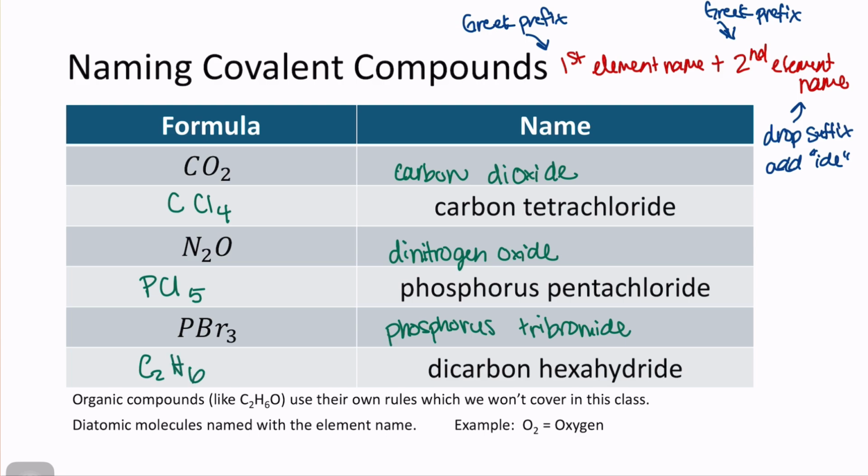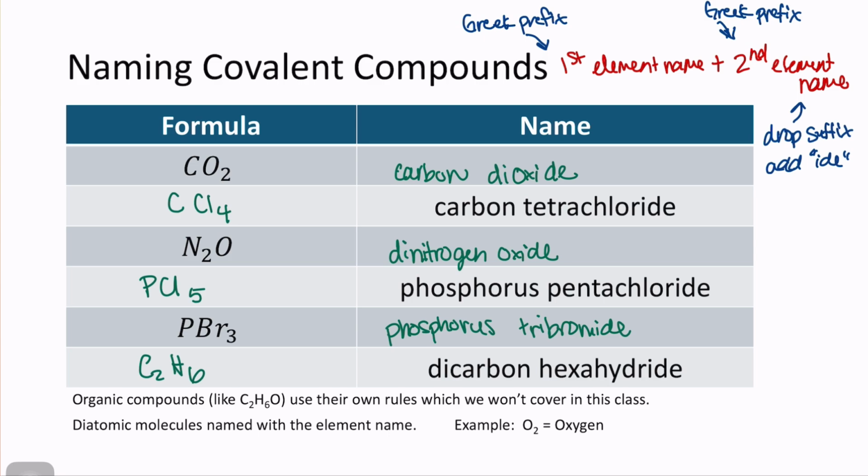Notice with covalent compounds or molecules, I do not have to simplify this at all. And I don't want to because that's going to change the identity of the molecule. With ionic compounds, they're all the simplest form because they have fixed formulas. Molecular compounds do not, so you never want to simplify them.